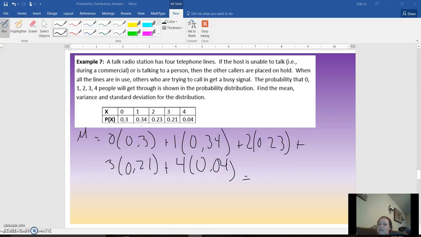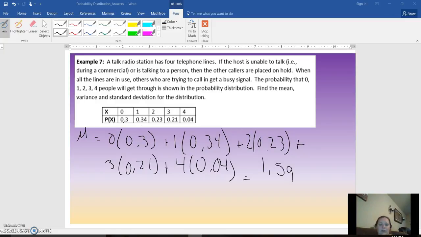Okay, and so I'm just going to type that in my calculator. I hope you're doing it with me. Right, and I get 1.59, so that's the mean. So on average, you're put between lines 1 and 2, so 1.59.